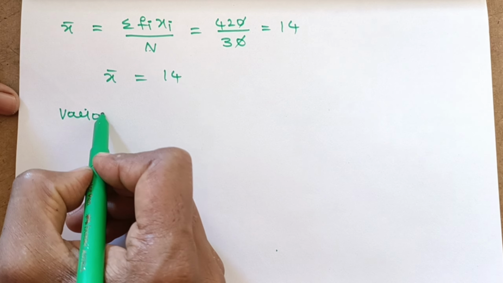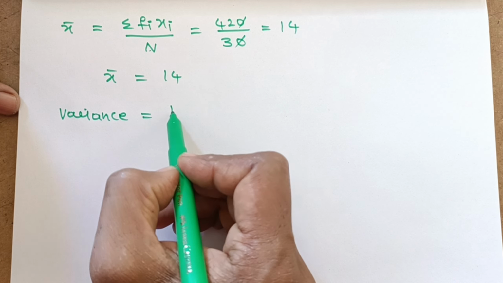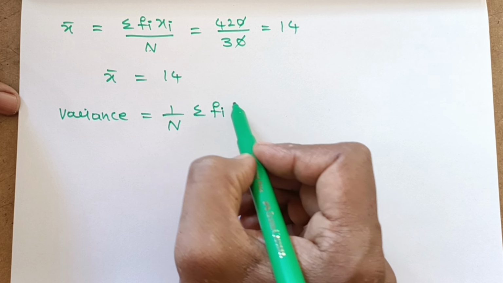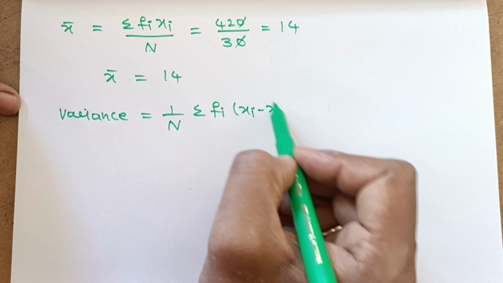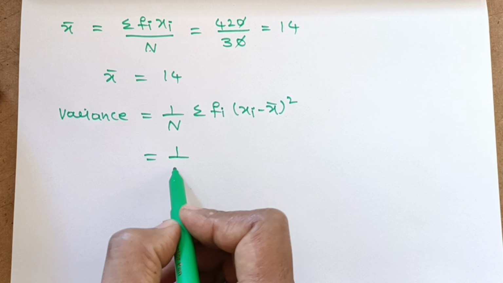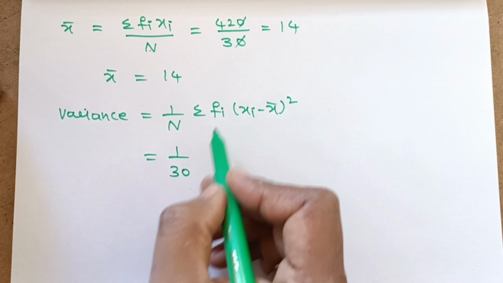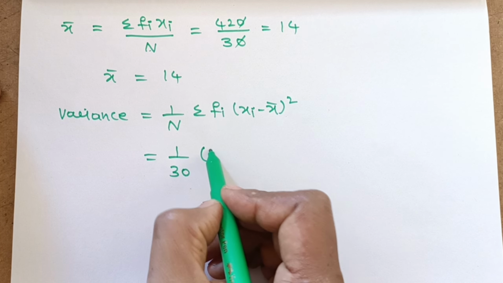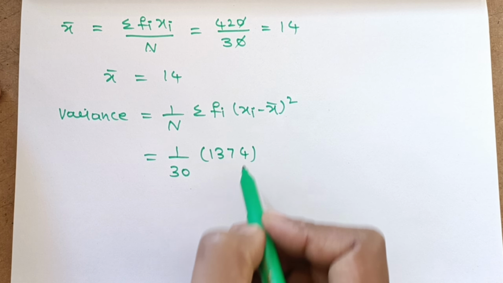Now using these values we can find the variance and standard deviation. First, variance. We know that the variance formula is 1 by capital N into sigma fi into xi minus x bar whole square, which is equal to 1 by n. What is the capital N value? 30, and sigma fi into xi minus x bar whole square is 1374.